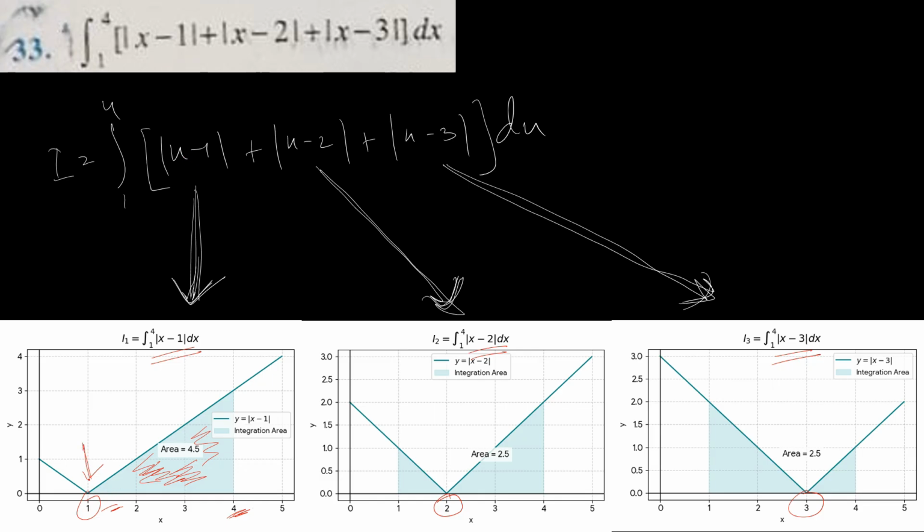This is the vertex 1 and it is also the lower limit, and this is the upper limit.